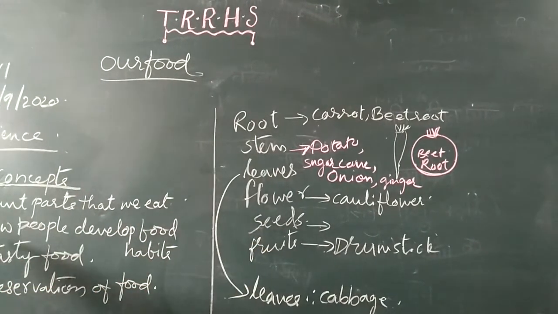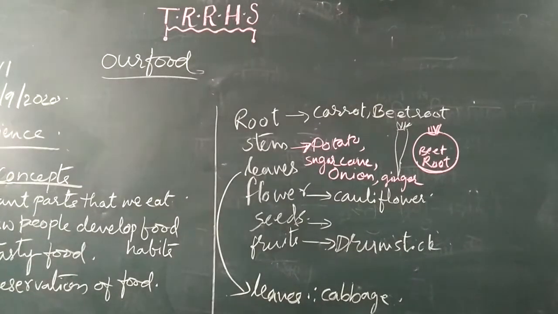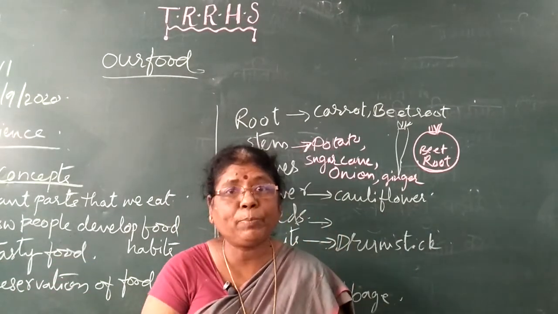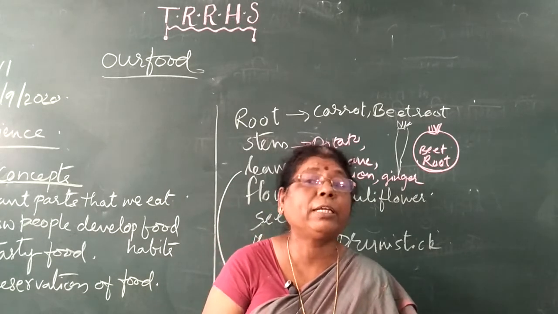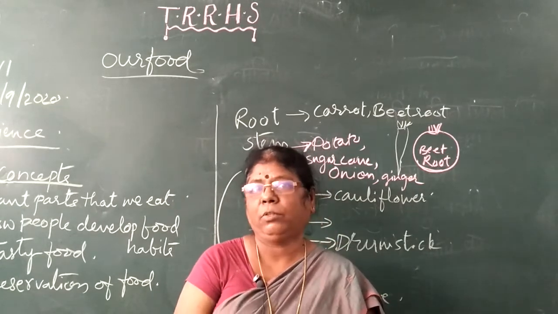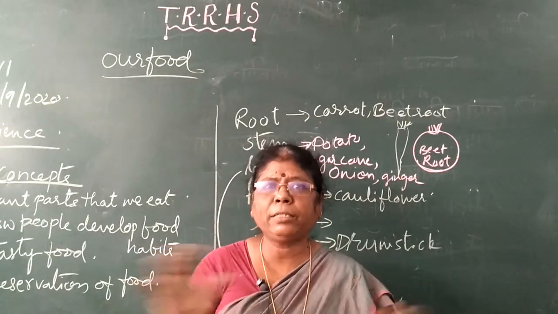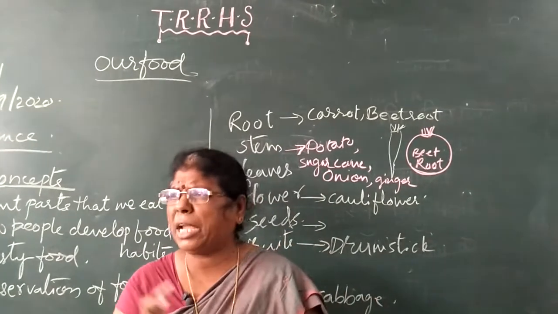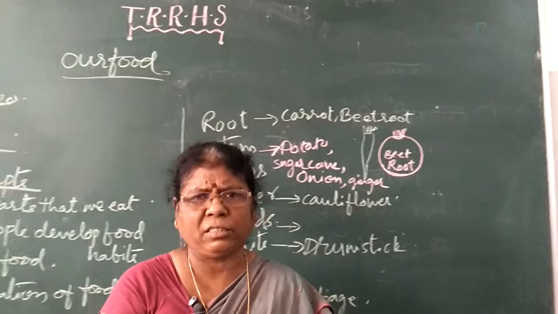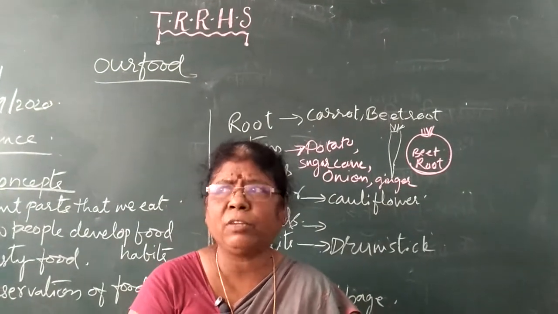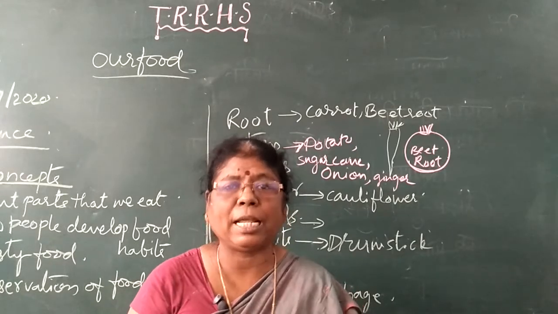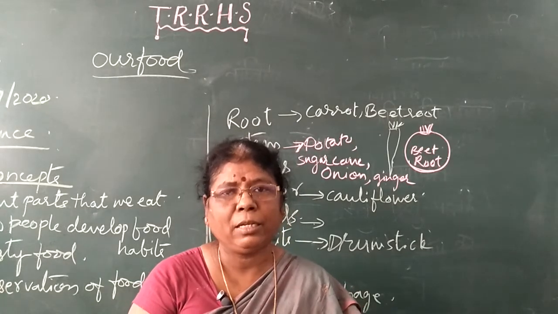Next coming to how people develop food habits. The food habits of the people depend upon the region where they are living. Now we are in Telangana state. In Telangana, our main food is paddy. Why paddy? We eat rice, and apart from rice, rice products also we take, isn't it?